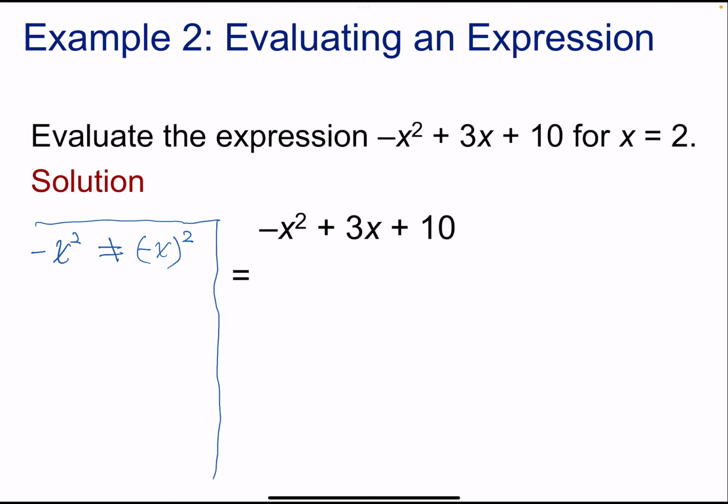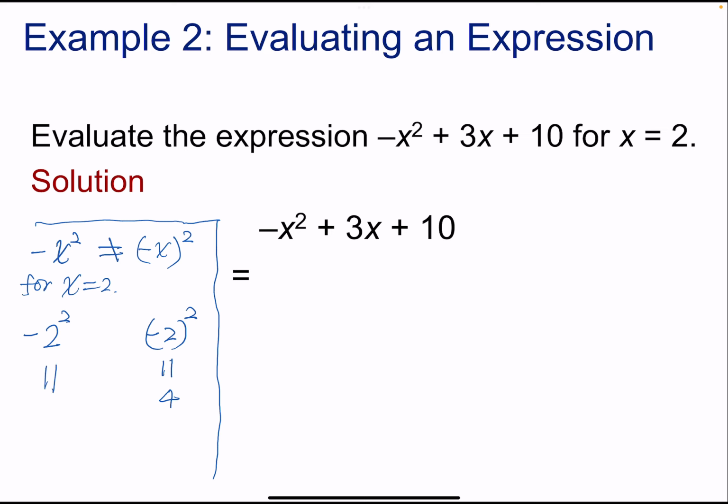If we plug in, for example, x equal to 2, then the left-hand side will be negative 2 squared, and the right-hand side will be negative 2 squared, right? Now, negative 2, quantity squared, equals 4, because you have negative 2 times negative 2. The multiplication of two negative numbers becomes positive.